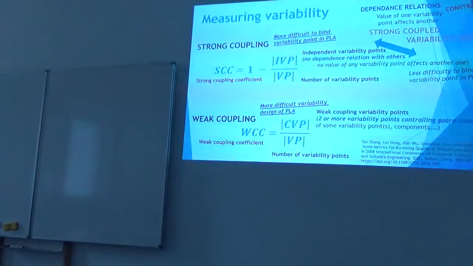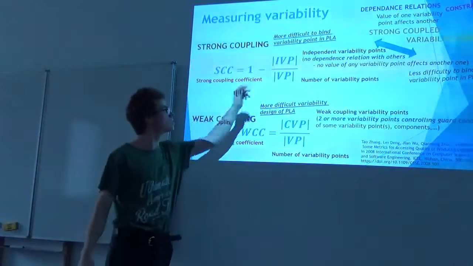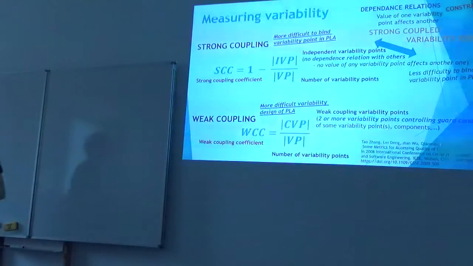And the second one is the strong coupling, which is the subtraction of independent variability points divided by the number of variability points. We subtract it from 1, because if we only talk about this ratio, it says how many independent variability points are in our application divided by the number of variability points.